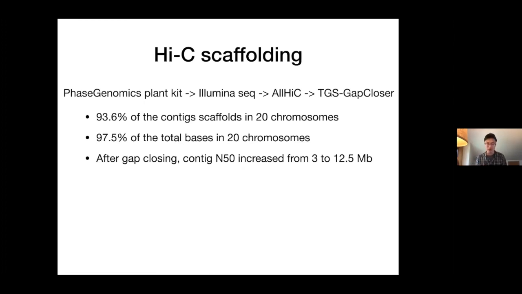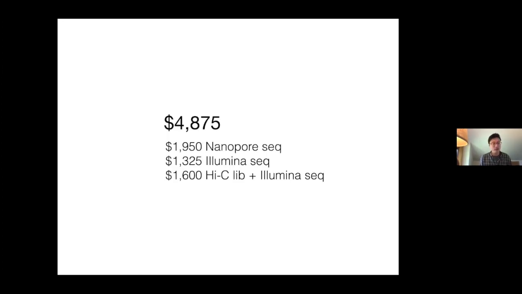This is older data, but anyway, the key thing is after we do the Hi-C, we can get the chromosome-level assembly. And then after gap filling, we can really increase our contig N50 from 3 to over 10 megabases, right?